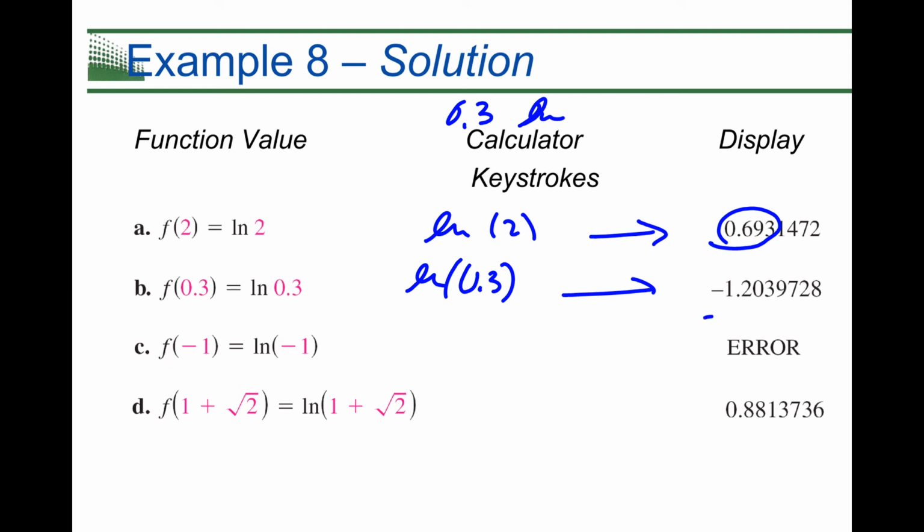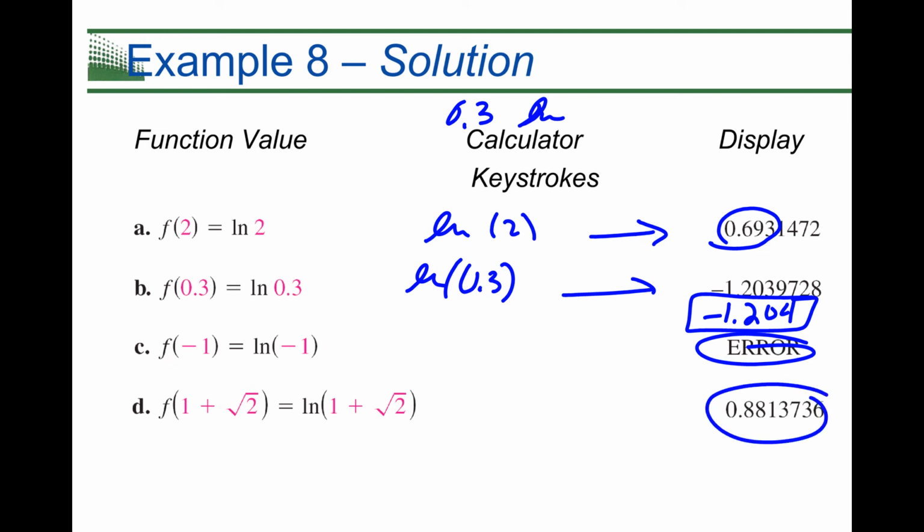This would give me negative 1.204 when I round appropriately. For ln of -1, you should get an error message, and we'll talk about that soon. For ln of 1 plus square root of 2, this is what you should get. On some calculators, especially if you don't have a line displaying what you're typing in, you may have to do 2 and then the square root button and then add 1 and then ln it. So just play around with it, and make sure that you're getting these answers.